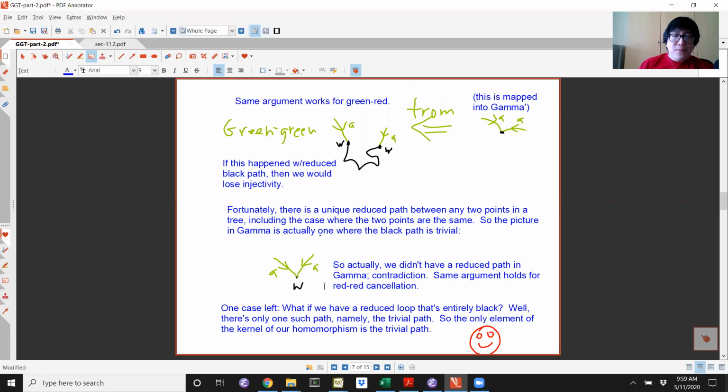That can't actually happen. And then the one case remaining where you actually get a loop being mapped to the trivial loop is if you have a loop that's entirely black. Well, the only entirely black reduced loop is the trivial path, and so we're done.